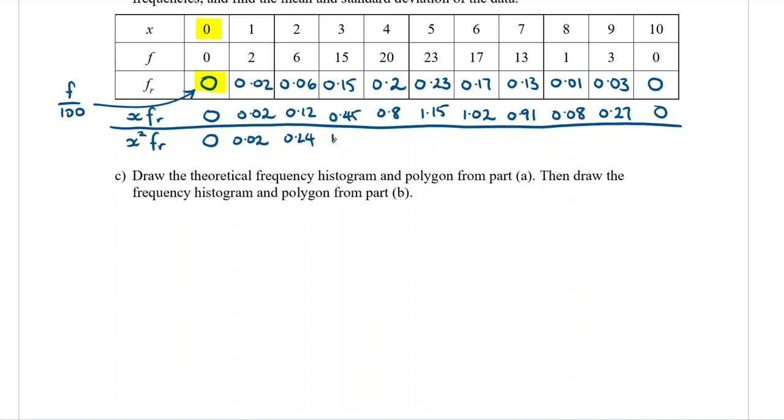And I'll just write these ones down. 1.35, 3.2, 5.75, 6.12, and 6.37, 0.64, and 2.43, and back down to 0.